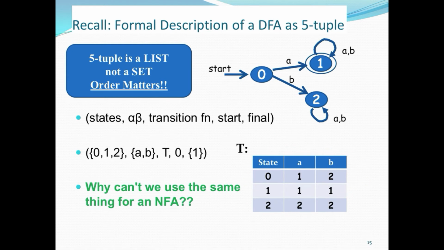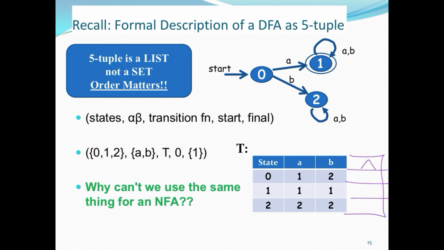Obviously this transition table won't work for us as is because we don't have lambda transitions on it, right? So we could imagine adding a space for lambda. And the question is, does that work, right? If we just add the lambda transitions, does that give us what we need to represent an NFA? And the answer is we are close, but we're not quite there.